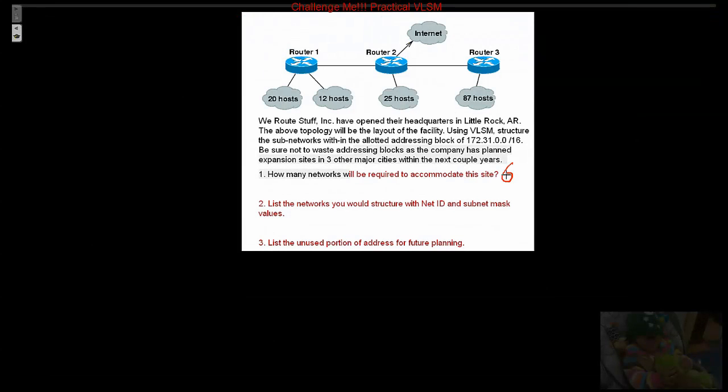So again, 6 networks. The way we want to begin dividing our networks is start with the largest network, which would be this guy of 87 hosts, and work our way back. The reason being is that these smaller networks have much more flexibility in where they're going to start and where they will begin. In other words, if we use the /27, it can start at 0, 32, 64, 96, 128.